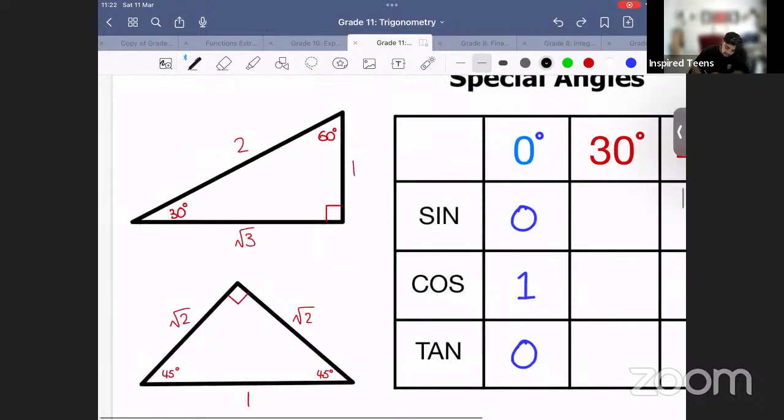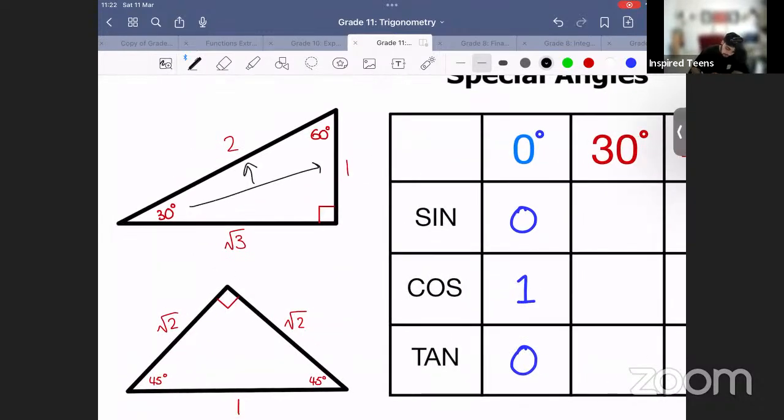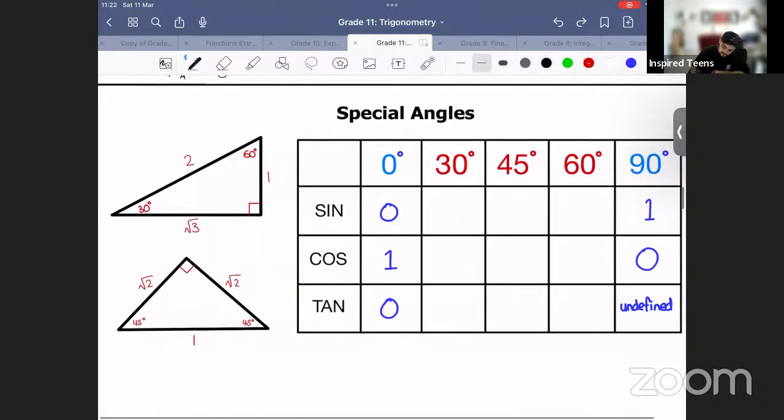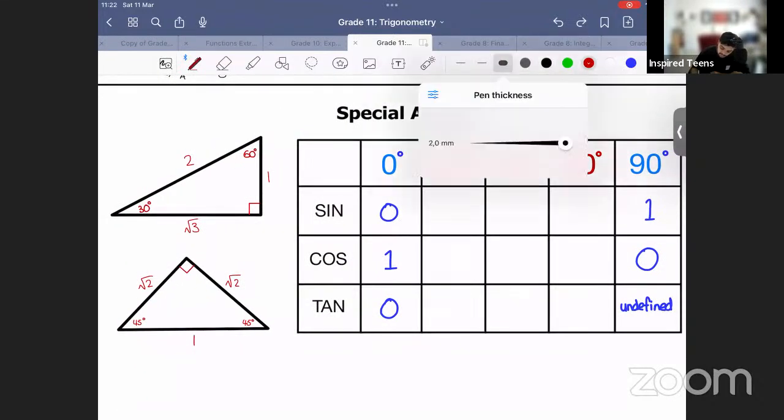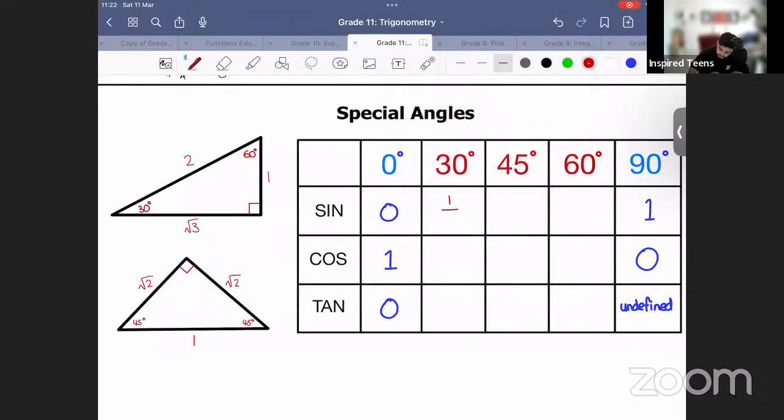So sine 30, remember, it's opposite over hypotenuse. So easy. What is sine 30? A half. Okay, sine 30 is a half.